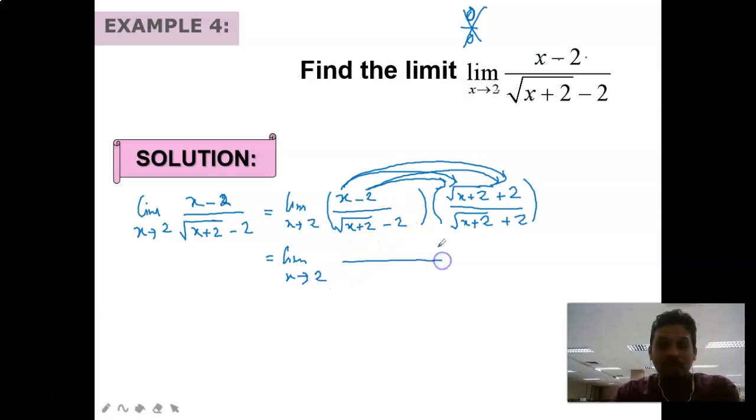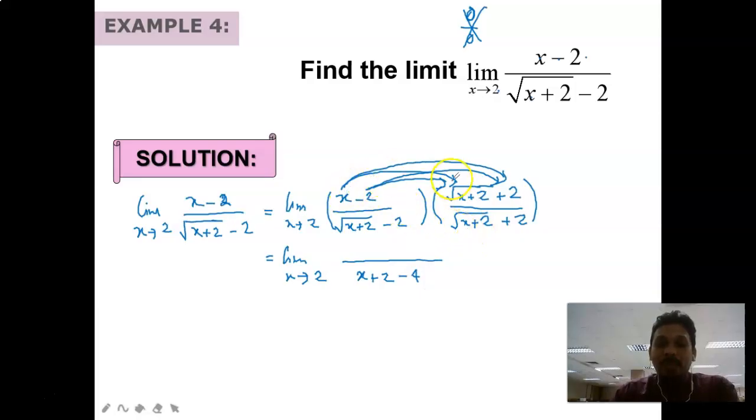Okay, you try, so we expand this one by one. What I get here now is square root of x times square root of x, which is x plus 2, and then square root of x times 2, and also here negative 2 times this one equal to 0, then here negative 2 times 2 equal to negative 4.